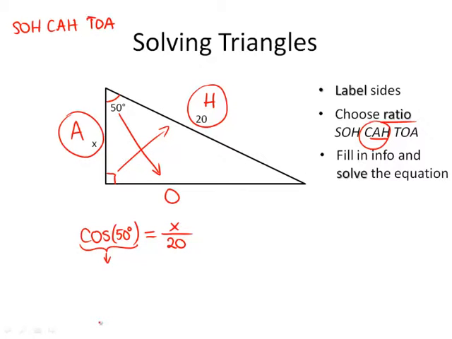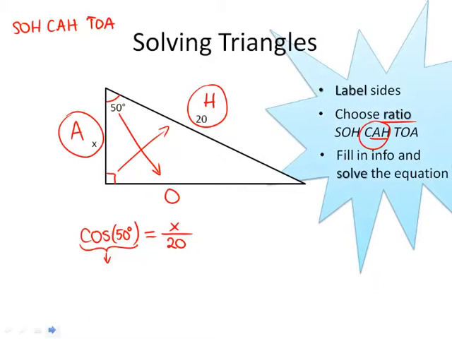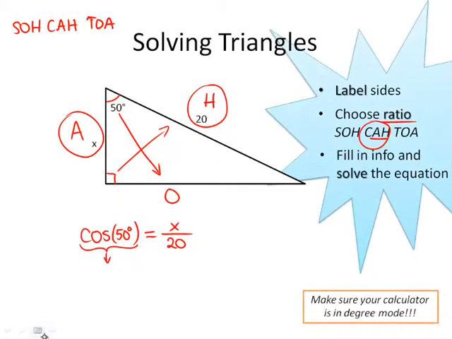So let's call that up. Go on your calculator and make sure that your calculator is in degree mode. If it's in radian mode, you'll have different answers. So type in cosine of 50 and you get 0.643. I'm going to round that. And this is the proportion that works for this ratio for 50-degree triangles.